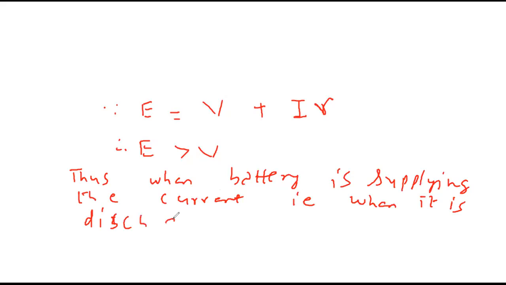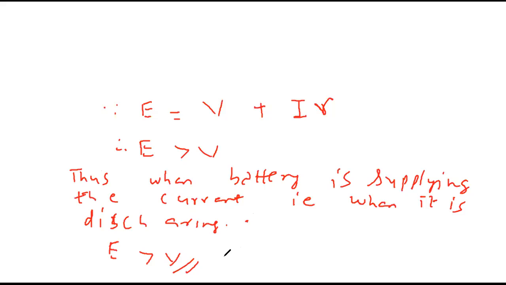Therefore, when battery is either supplying the current, that is when it is discharging, E is greater than V. So the EMF will be greater when battery is supplying the current or when it is discharging.